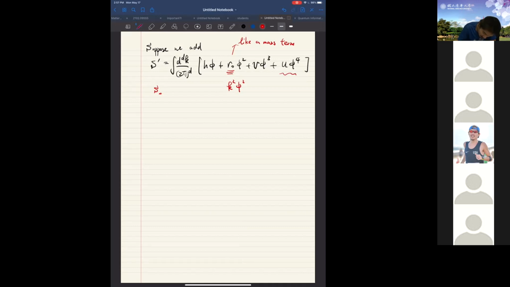So one thing we can notice, this term doesn't change the physics too much because this term can be absorbed in the fourth-order term, right? If you do this kind of shifting.